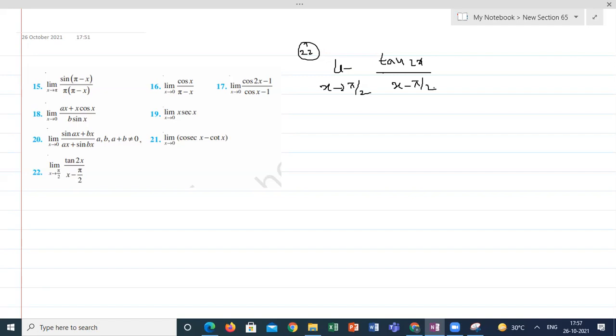Anyone? Please. If x tends to pi by 2, 2x tends to pi, 2x minus pi tends to 0.